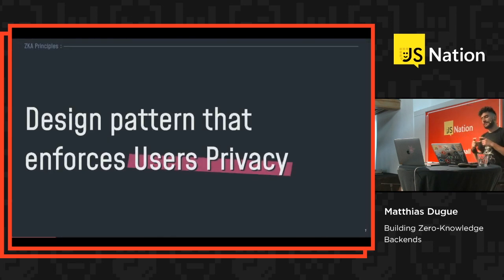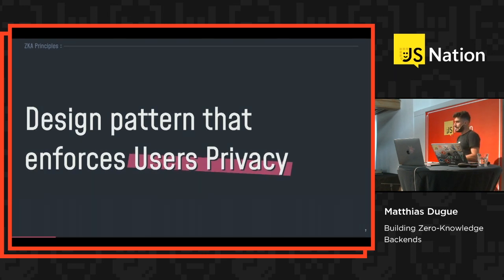So, what is zero-knowledge, precisely? It's a design pattern that enforces our users' privacy. It means that we will never deal with the user's plain format data. We will encrypt it at any point where the data flows. The only moment when the data will be in a plain format is in the client itself.